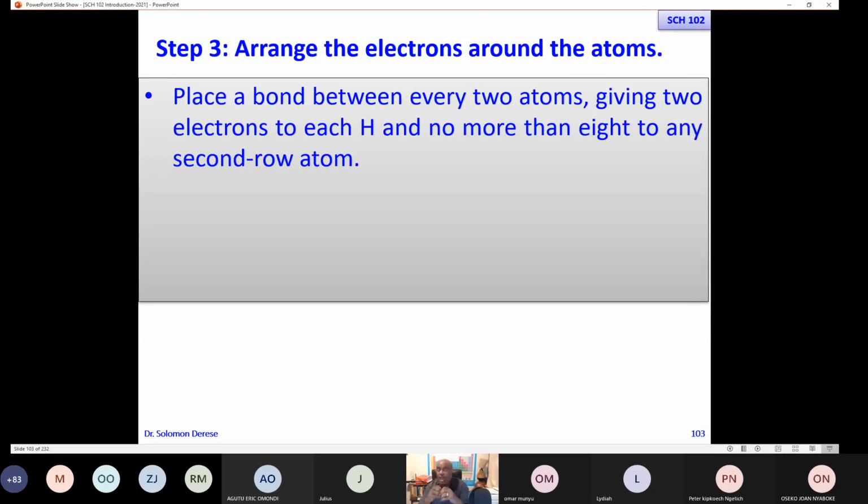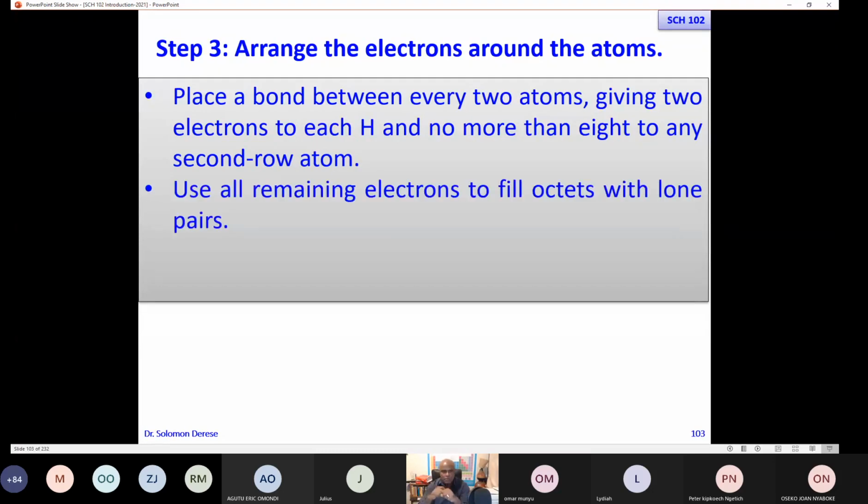It's also possible after you have put the single bond, you might be left with some electrons. Remember, we have to use all the valence electrons when forming that particular molecule. These additional electrons, you will put them as lone pairs of electrons. Use all the remaining electrons to fill the octet of the elements that do not have an octet of electrons.